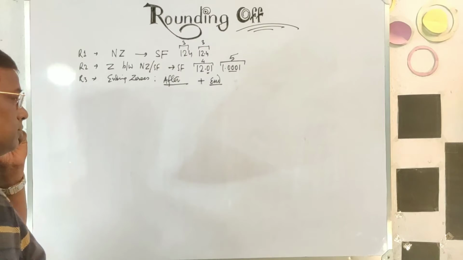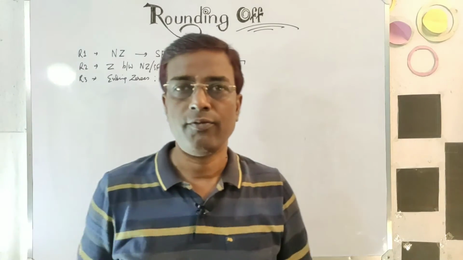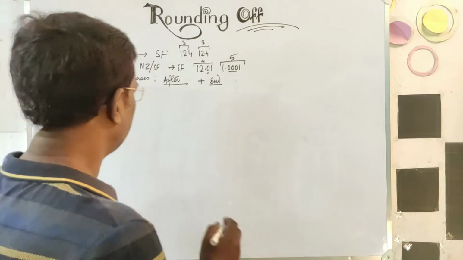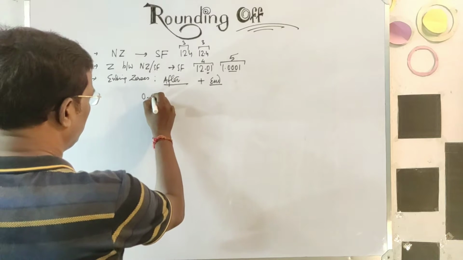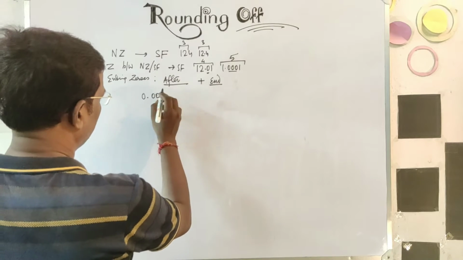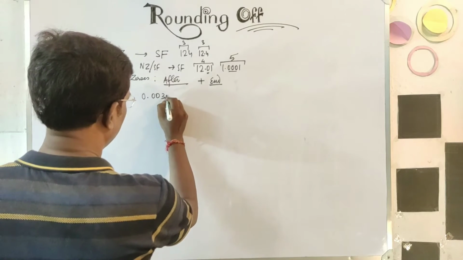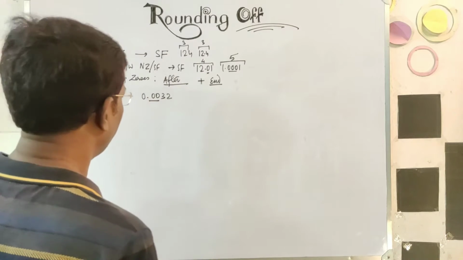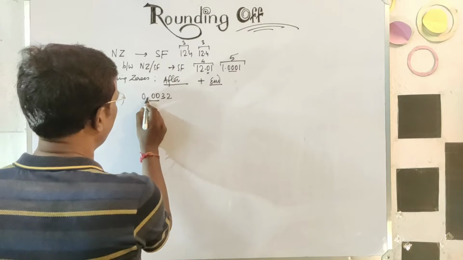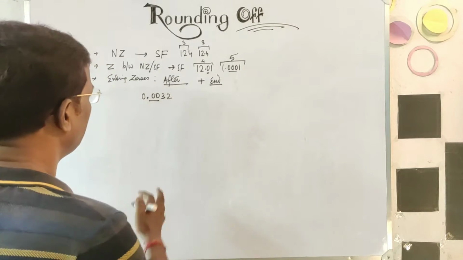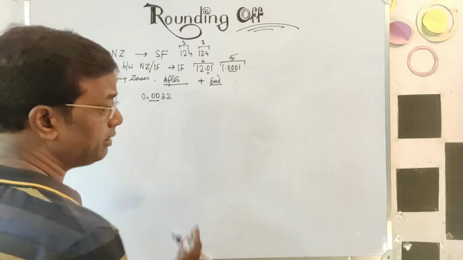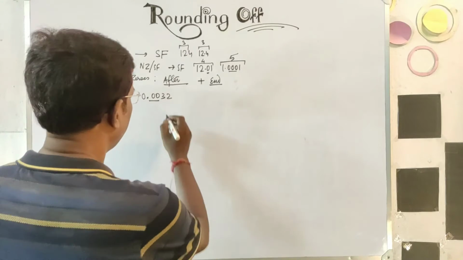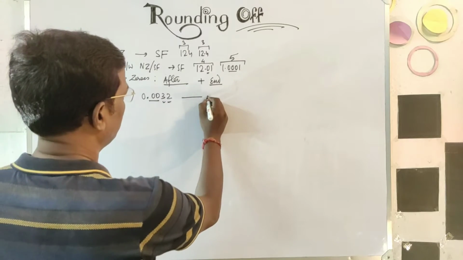Only in that case those zeros will be considered as significant figures. One example, 0.0032. Are these zeros going to be considered as significant figures? No, not at all, because although they are appearing after the decimal, they are not ending after the number, so it has only 2 significant figures.